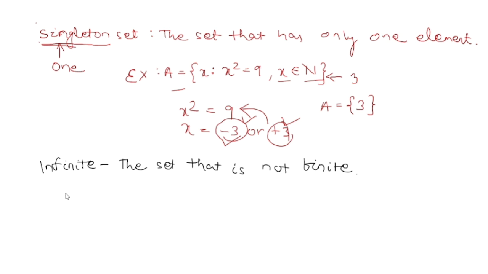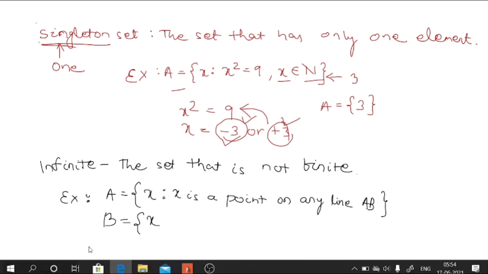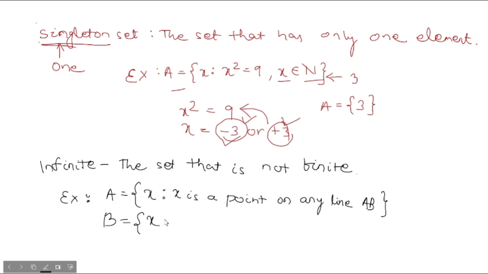Like we have discussed earlier, one of the examples is: let A be a set where x such that x is a point on any line. Also, another example, B is a set where x such that x is a real number.